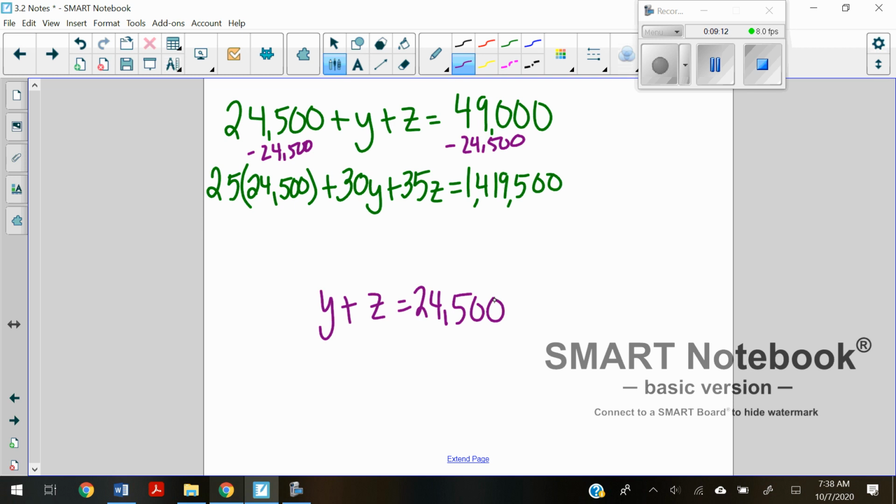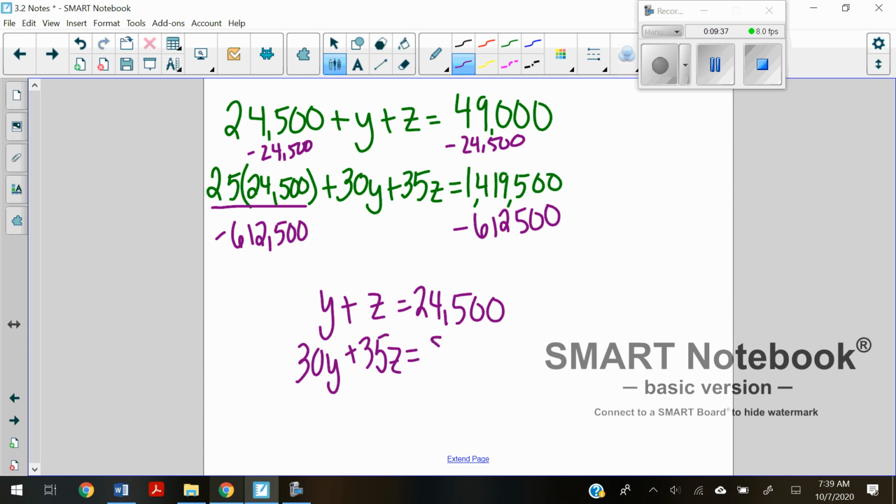Okay, I'm going to have multiplication here. So that gives me 612,500. So I'm going to subtract that from both sides. So now my equation becomes 30y plus 35z equals 807,000. So now I'm looking at my 2 purple equations.